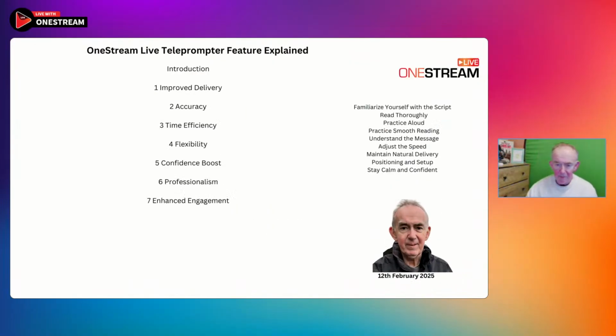Okay. So, flexibility, we can change it. It is a confidence boost, and hopefully I've just explained the confidence boost. And it helps with being professional. You want to give the best that you can.